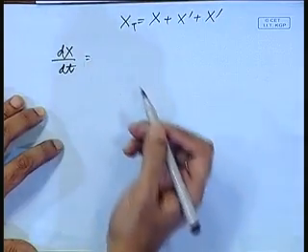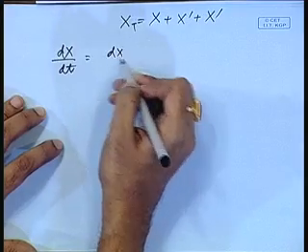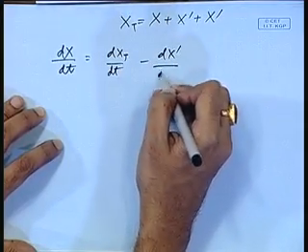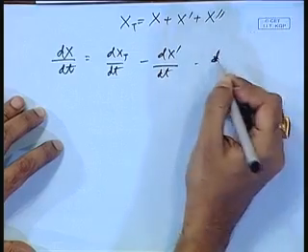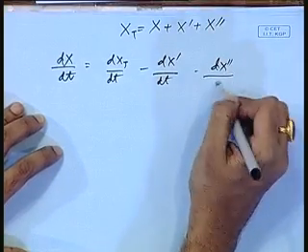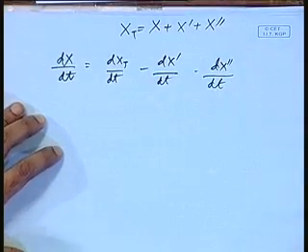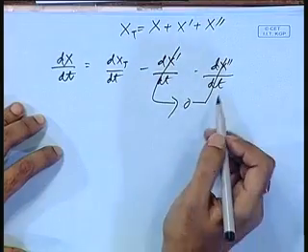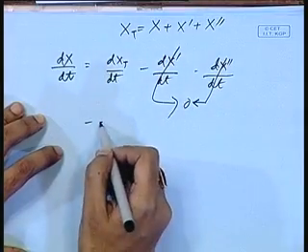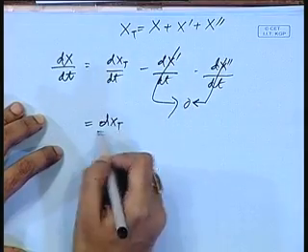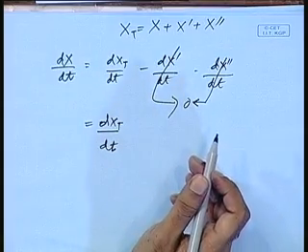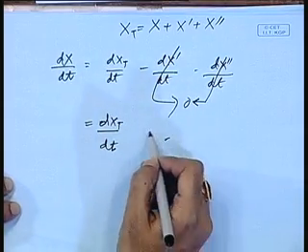So dx dt would be dxt dt minus dx prime dt minus dx double prime dt, right? But these are 0 because of the pseudo steady state approximation. So you get this as dx dt.